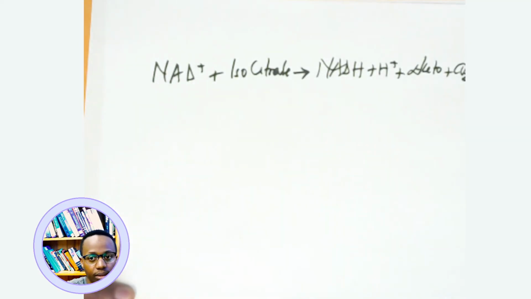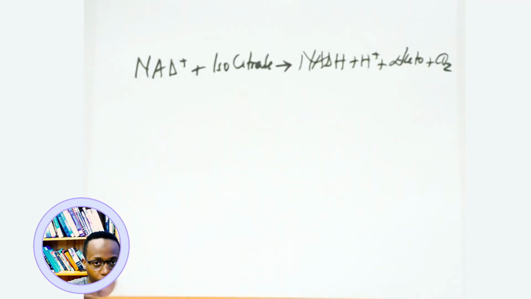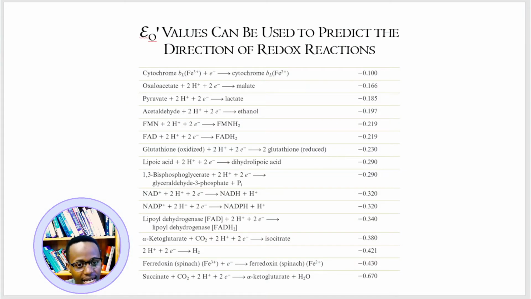There's a lot, but that's okay. What we need to do now is go back to the table and find the half reactions. The first half reaction involves NAD plus. The half reaction is NAD plus 2H plus 2 electrons is equal to NADH plus H plus. So I'm going to write it down.